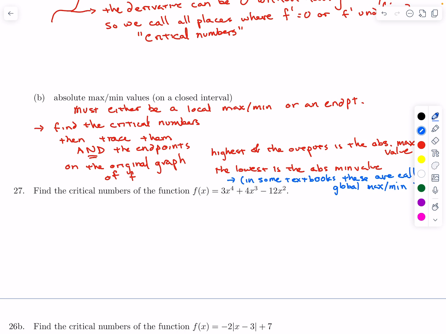Okay, how do you find the critical numbers? Again, f prime equals 0 or undefined. So we take f prime. And we'll note polynomials are never undefined, so we just look at f prime equals 0.